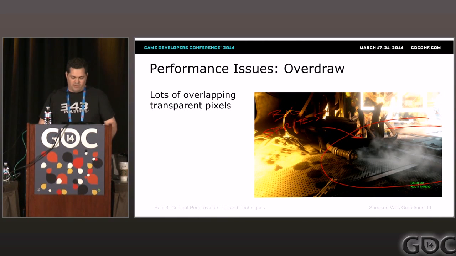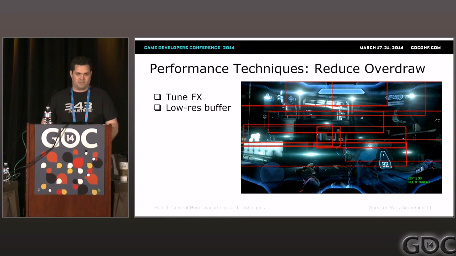Another related area: we had a lot of lens flares in Halo 4. A lot. And we had one area in one of our missions where it was just running terribly. It turned out there were all these overlapping quads from all these lens flare elements. So the solution here was creating a more optimized lens flare for that specific use case.